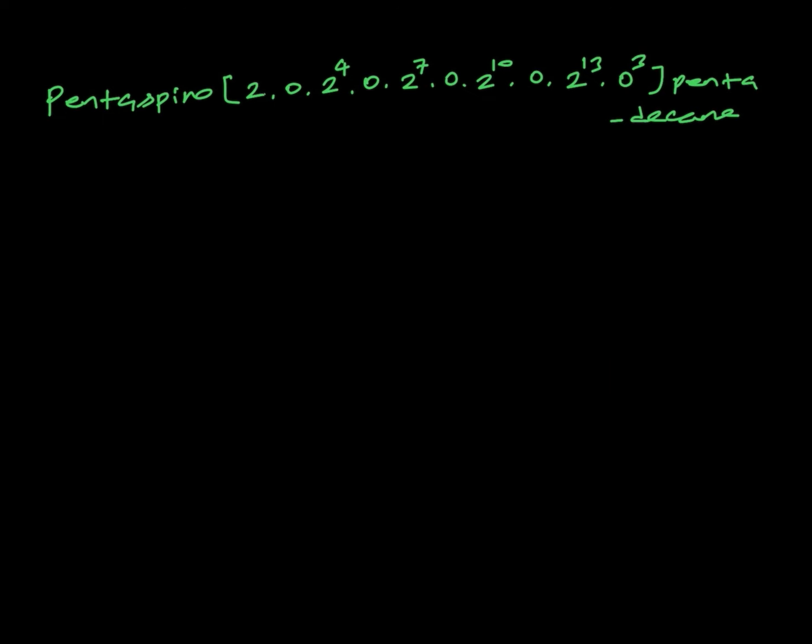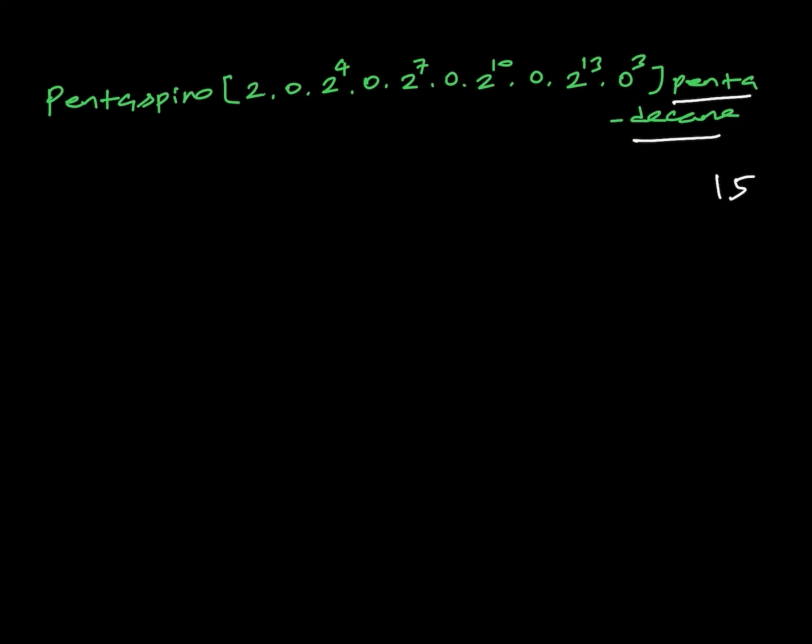Our last example is a pentaspiro compound. I know I haven't made separate videos for pentaspiro compounds, but based on what we have learned so far, we would be able to draw the structure for this easily. So let's do that. Our root word is pentadecane.